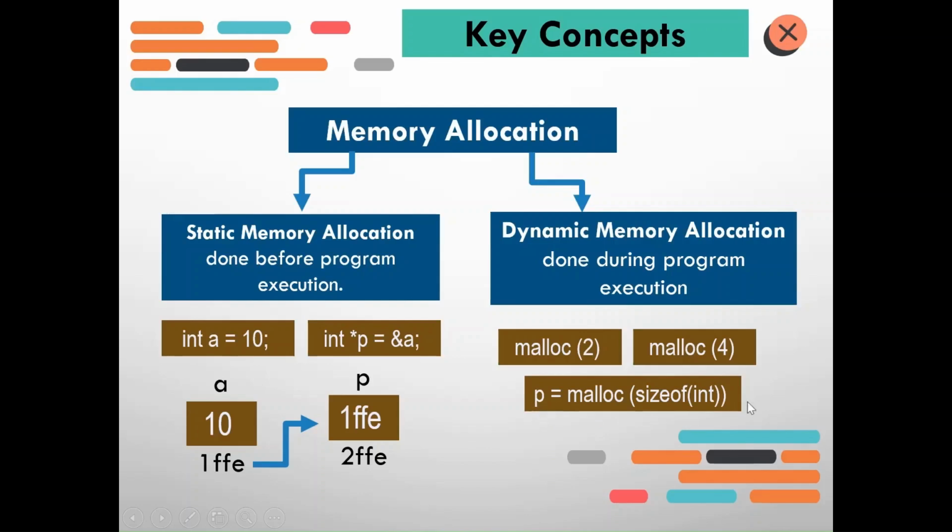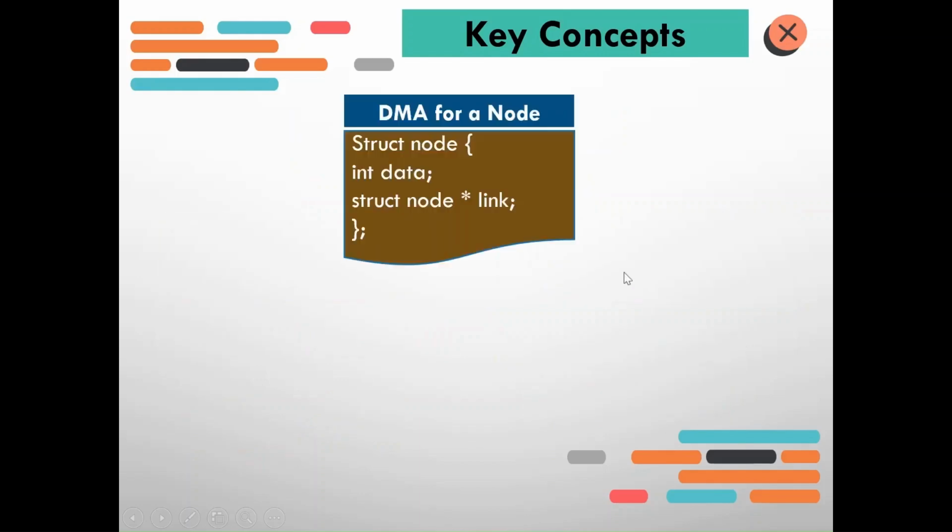Now coming to the dynamic memory allocation for a node. Previously you saw how we allocate memory for an integer or a float variable or the basic types. Now for a structure, how would the memory allocation be done, right?